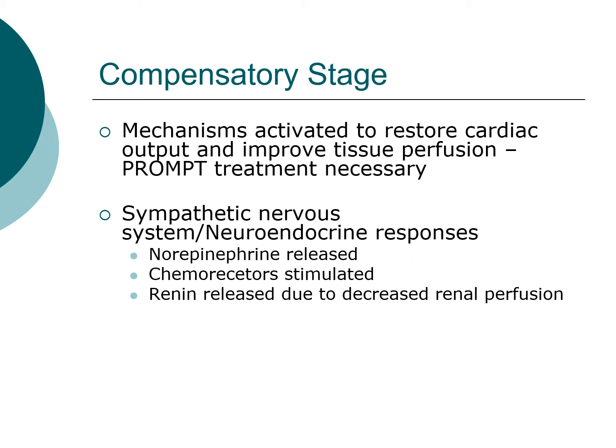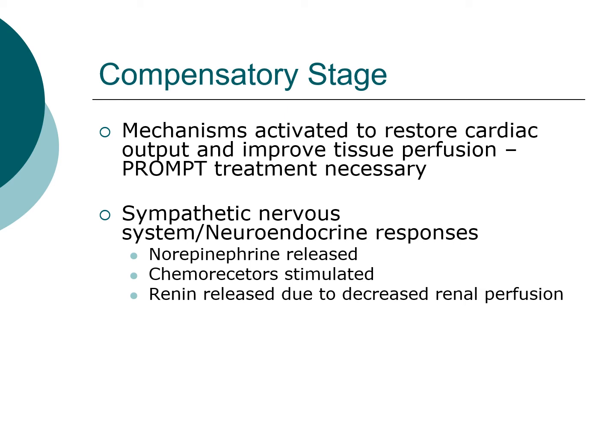Now this is where your body is recognizing that maybe your outputs are dropping, your perfusion is a little lower, your hypoxia is starting, and it's all the mechanisms that happen to restore cardiac output and improve tissue perfusion. So we need to react to this pretty quickly, and this could be, again, it's all cause dependent, but we really want to make sure the patient is oxygenated, perfused, has good output.